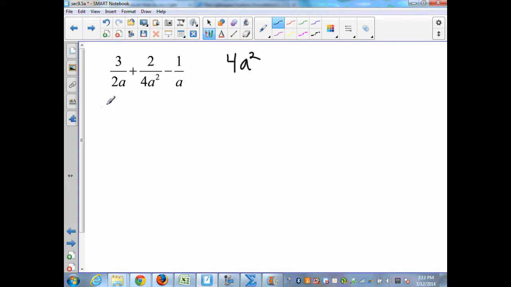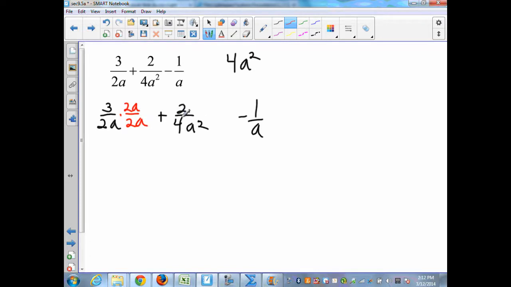Now let's just rewrite. 3 over 2a, leave a space, plus 2 over 4a squared, I'll leave a space, and 1 over a. Now I just want to multiply each fraction in such a way to get a common denominator of 4a squared. In this problem, I'm going to multiply by 2a over 2a.